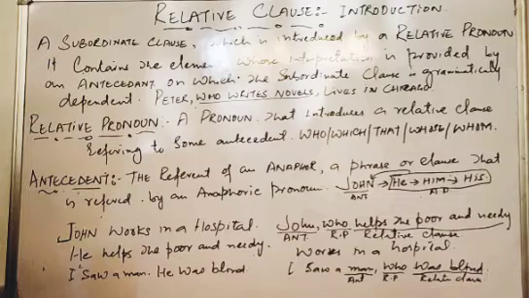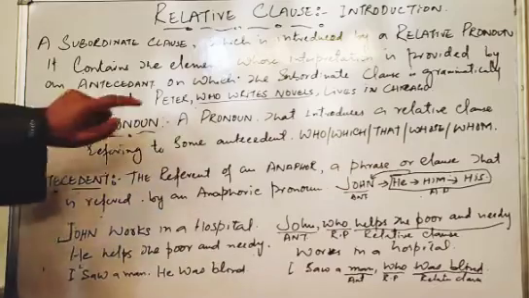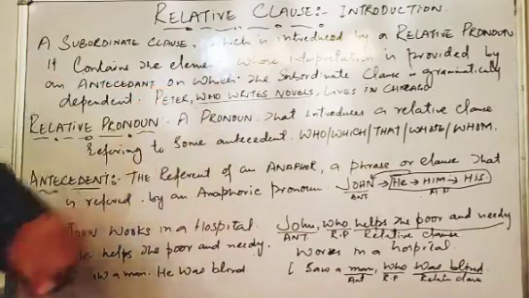We have already learned about a subordinate clause in the previous lecture. A subordinate clause which is introduced by a relative pronoun. For example, if we look at the example, Peter who writes novels.